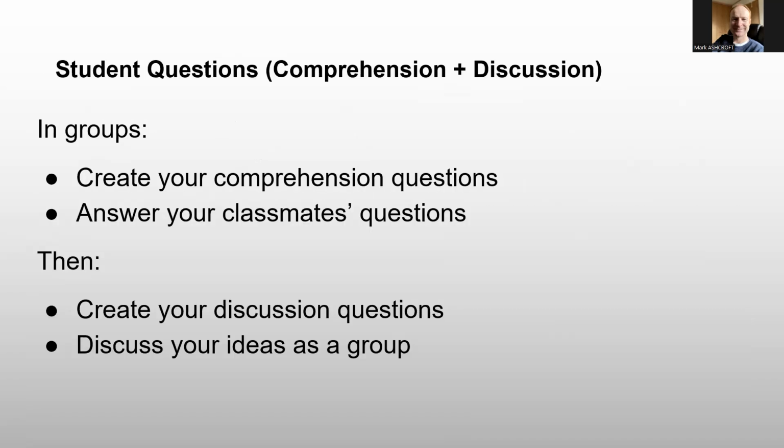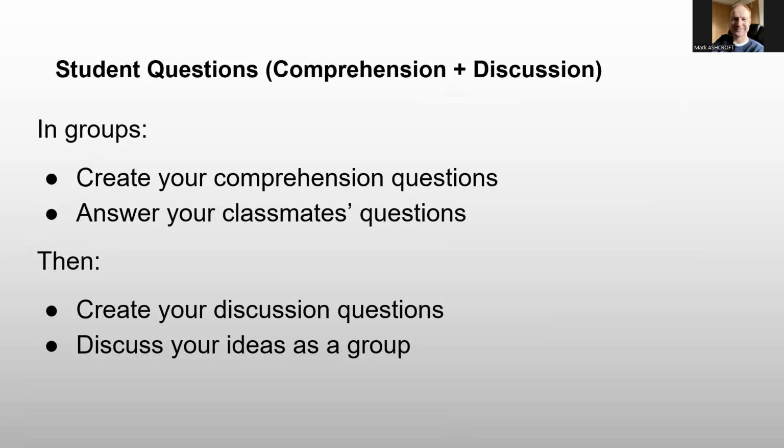Okay. Now, talking about rhetoric, what I'd like you to do is to please imagine your own comprehension question. A comprehension question is quite simply confirming you understand the content of the text. So, for example, your comprehension question could be, how would I explain pathos in my own words?